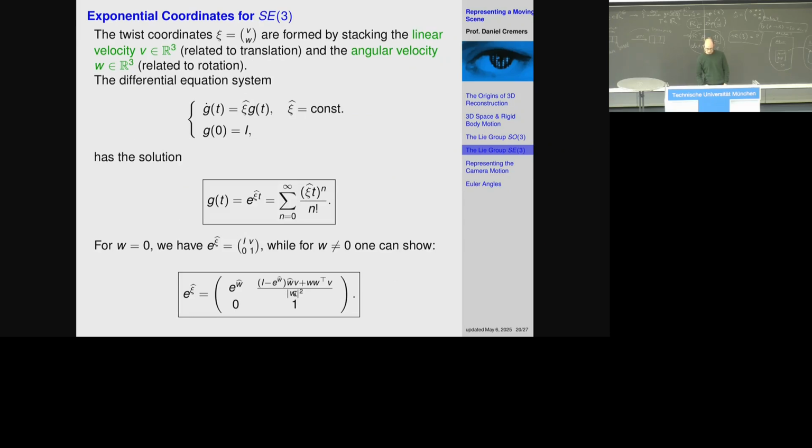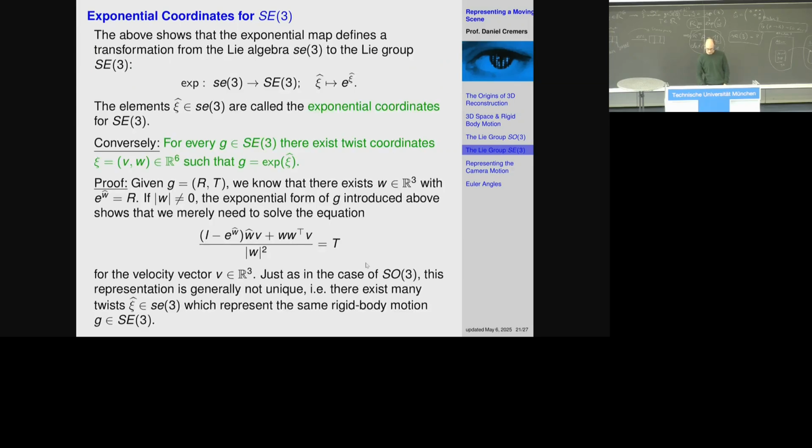So the question is, once I find w to make the rotation, can I find a v such that this whole expression gives me a desired translation vector T? And it turns out this can be done. One can show that one can find a vector v such that this expression holds.